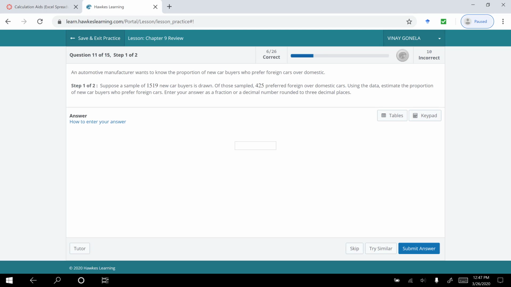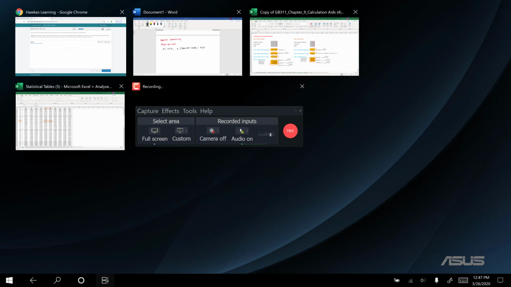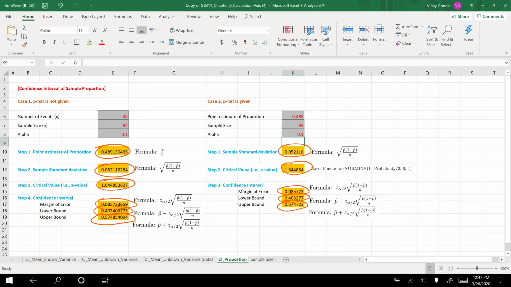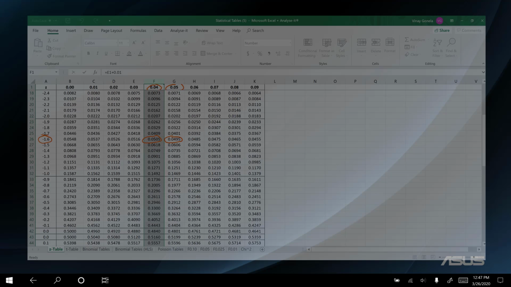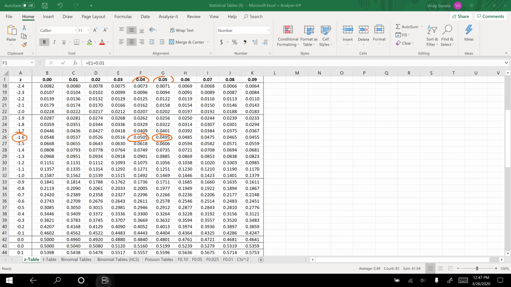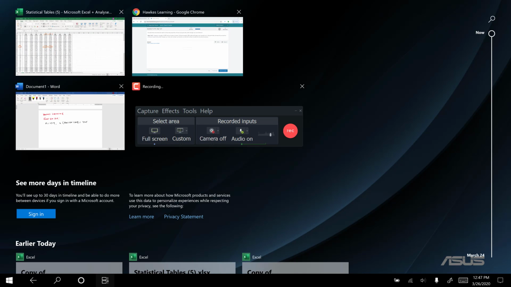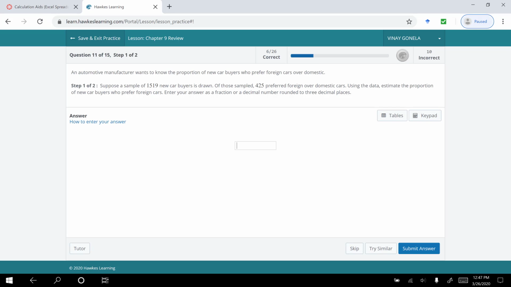They didn't give a confidence interval in the first case, so we just key in those numbers at this time into our calculation aid. Again I will just close this and open a new calculation aid. Usually when I change the numbers there I tend to make a lot of mistakes, so I'll just download a new calculation aid.